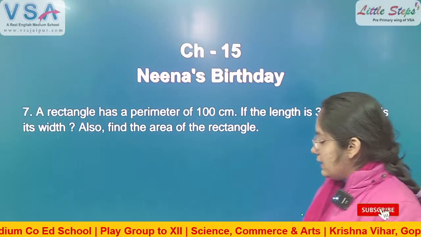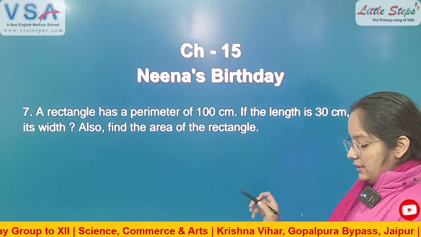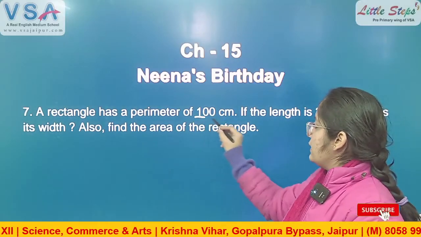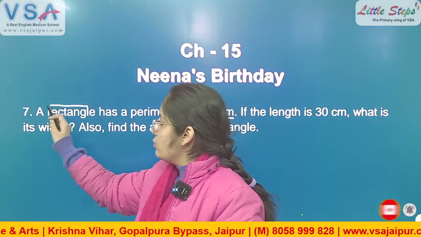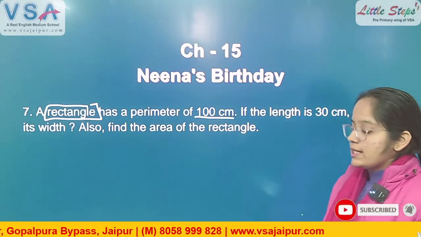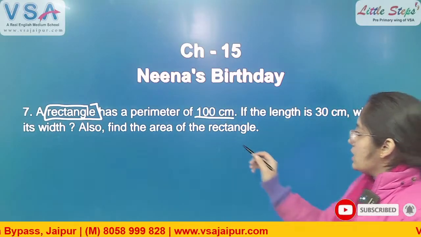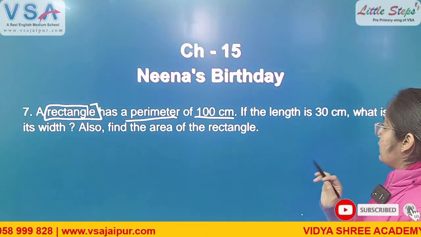Fine. Let's see the first question. A rectangle has a perimeter of 100 centimeter. The perimeter of the rectangle is already given to us. We have to remember which shape we are talking about. We have been given the perimeter and not the area. Remember this.